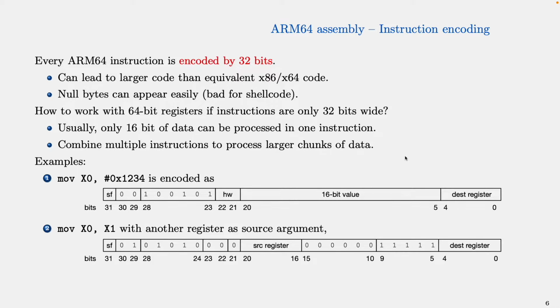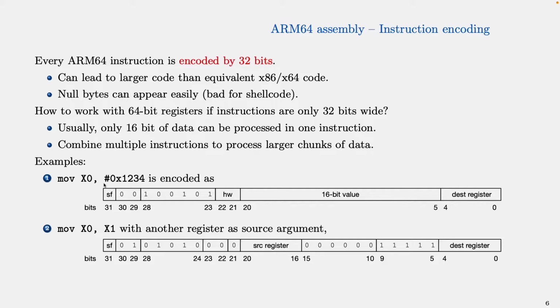And here we have two examples of how certain commands are encoded. So here I have a move instruction with an immediate value as an argument, moving into register X0. And note here that immediate values on ARM assembly are always preceded by this sharp symbol.